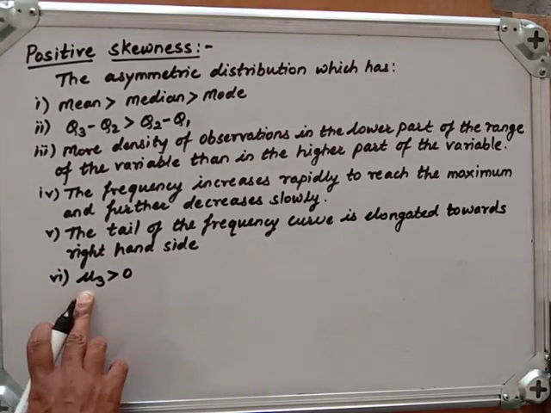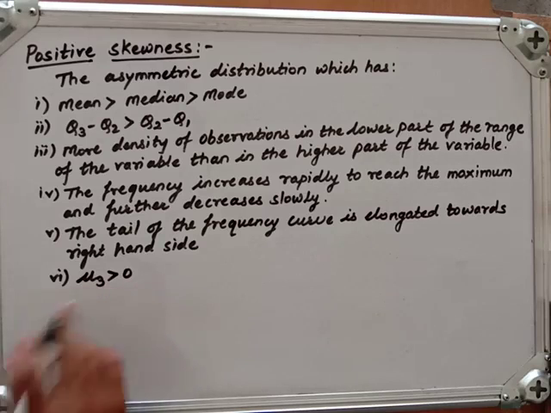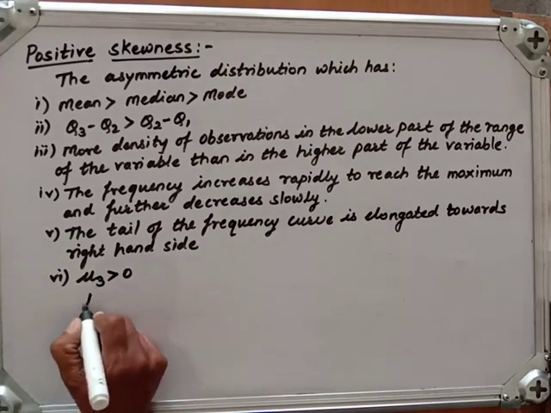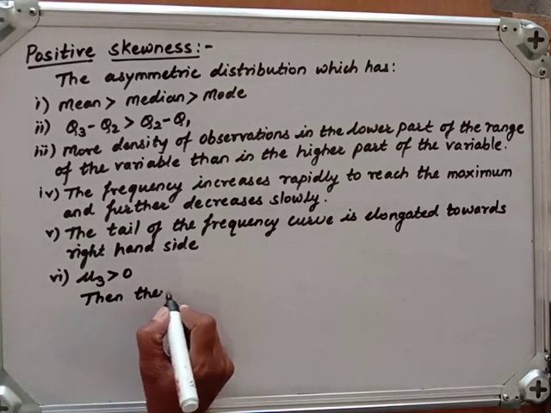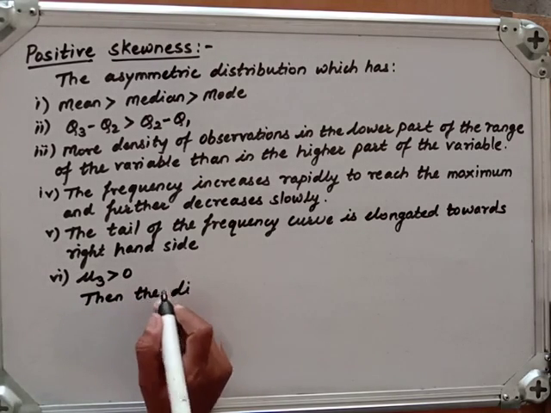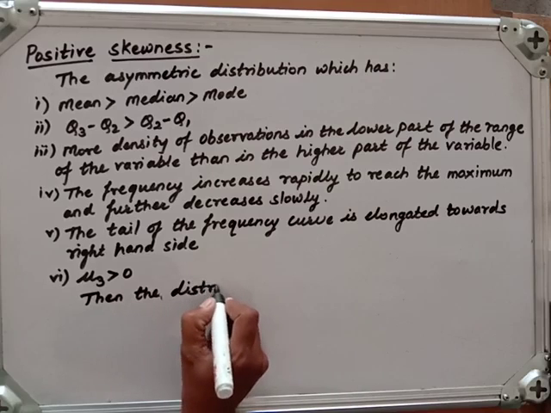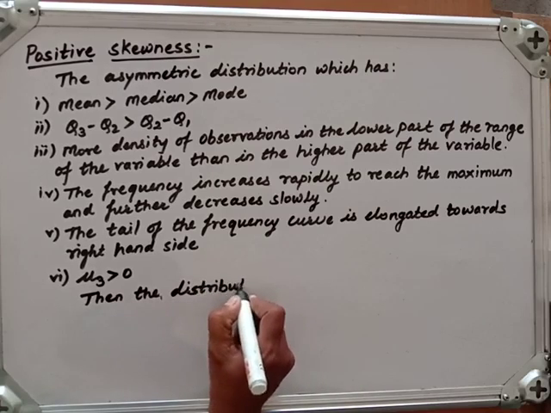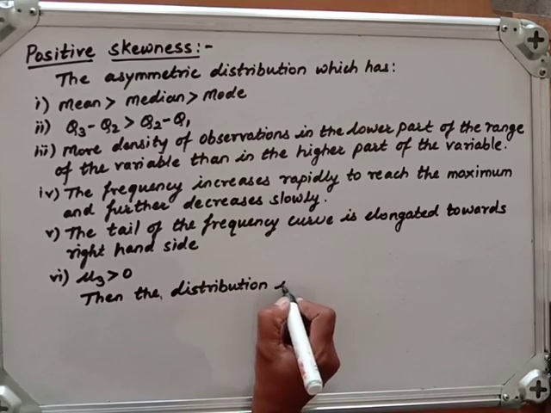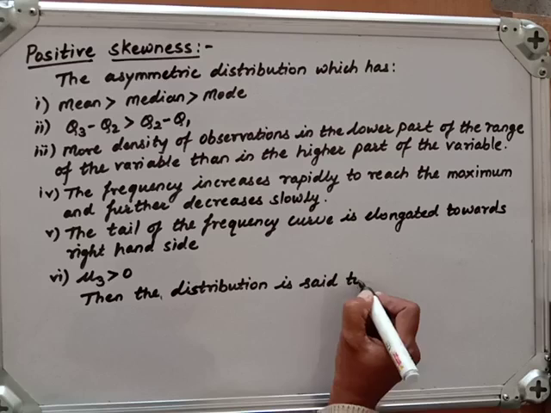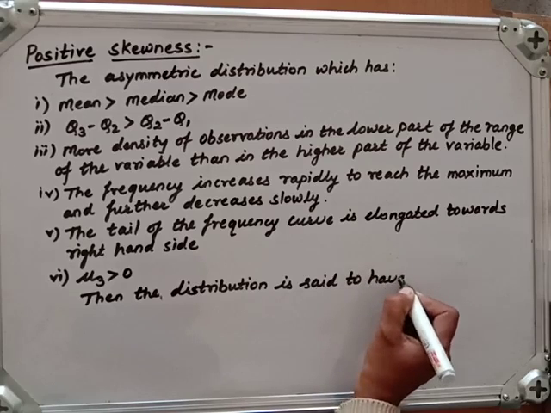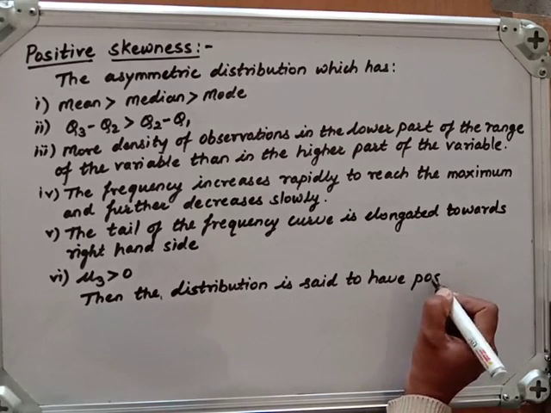Mu3 is one of the moments, so its value is what? Greater than 0. If these things hold, then the distribution is said to have positive skewness.